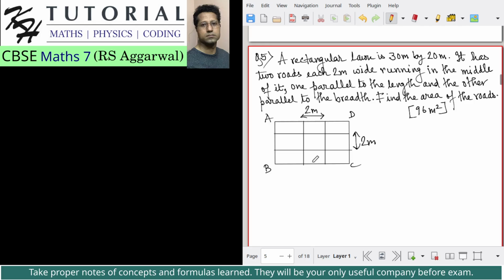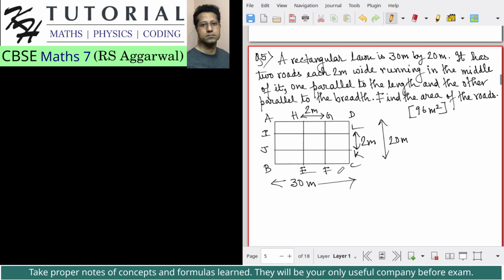The length of the lawn is 30 meter, and the breadth of the lawn is 20 meter. Let's say EFGH be the road that is running parallel to the breadth, and IJKL be the road that is running parallel to the length.